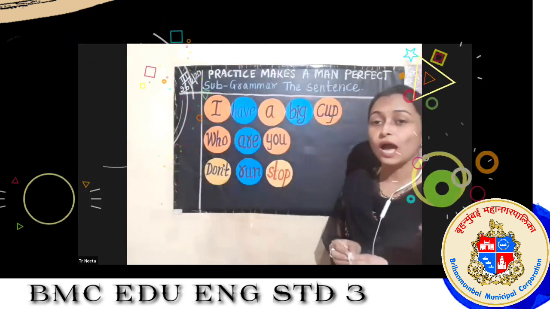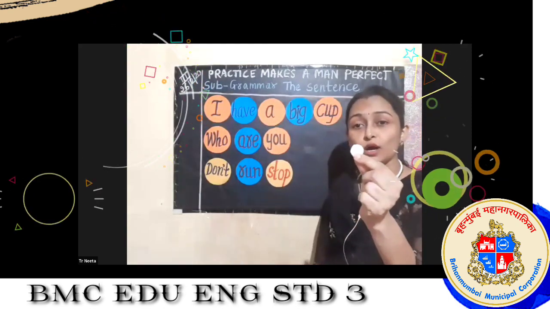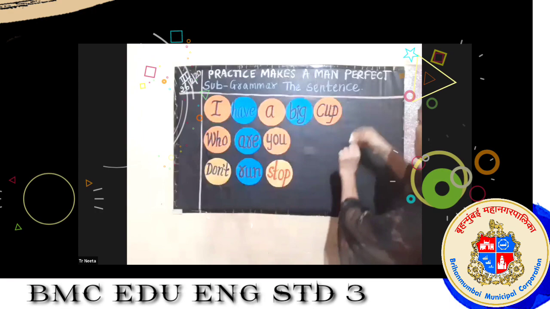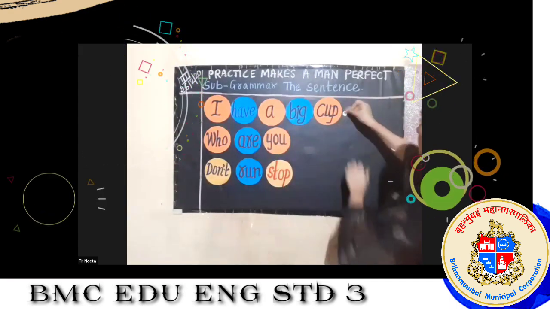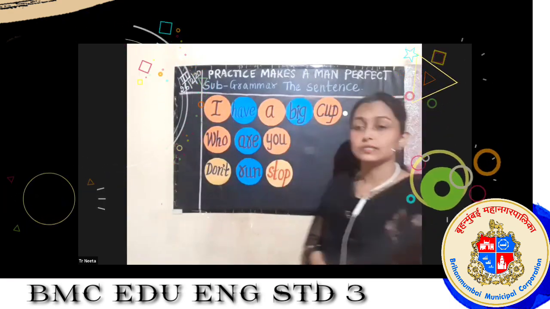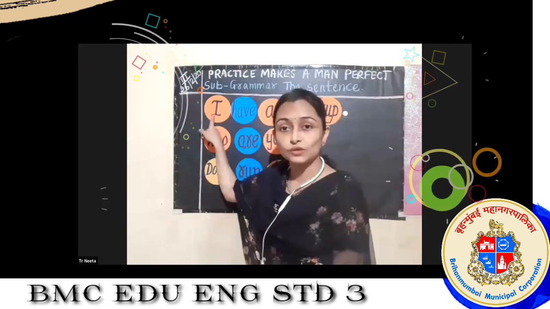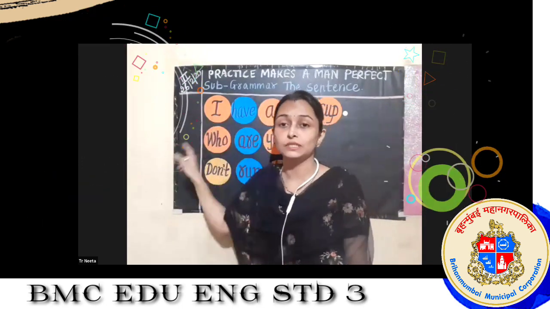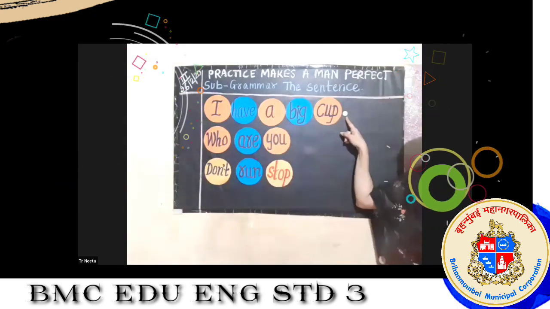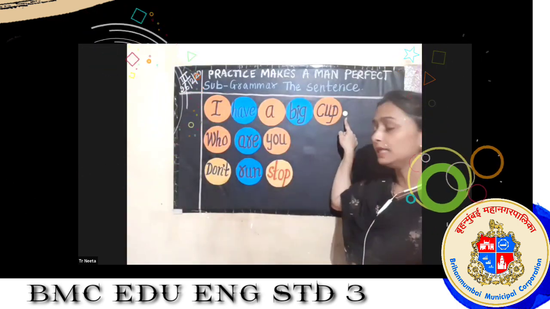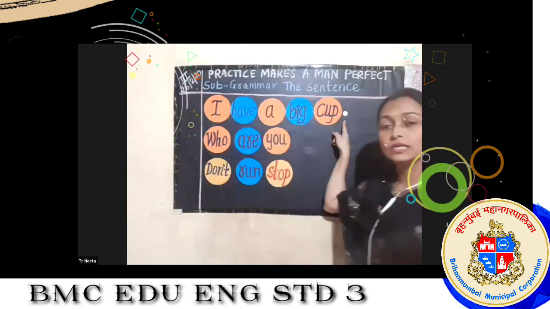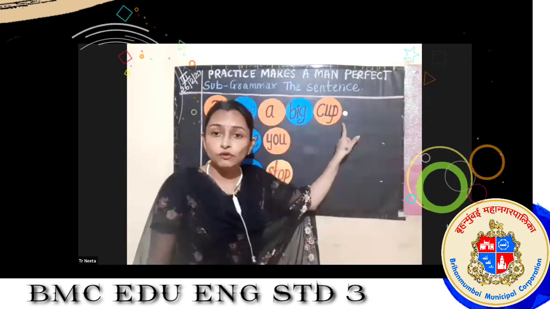So now I'm going to place here a full stop. So it is very necessary that whenever you begin a sentence, you will have to write the first letter as a capital, and at the end of the statement, when we complete it, we will have to put a full stop.